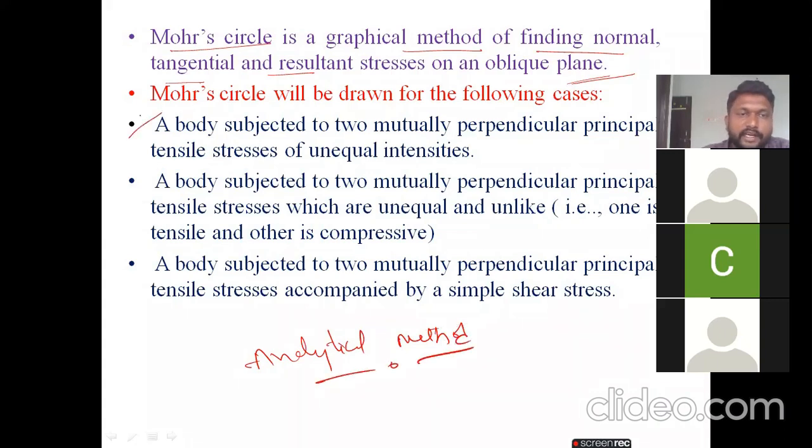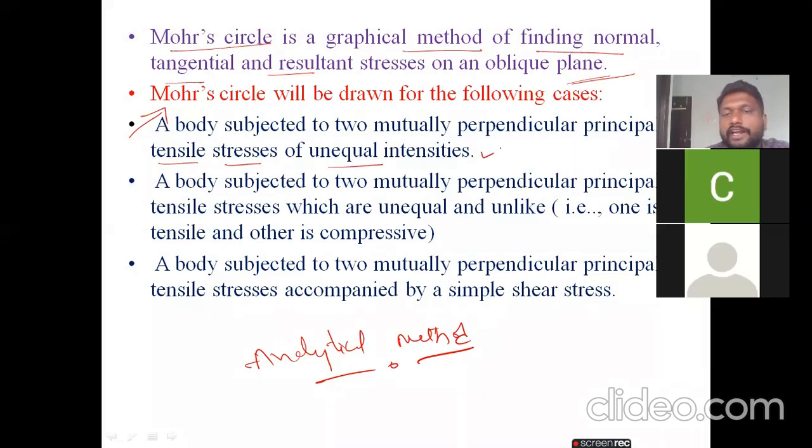This Mohr circle will be drawn for the following cases. The first case is a body subjected to two mutually perpendicular principal tensile stresses of unequal intensities.